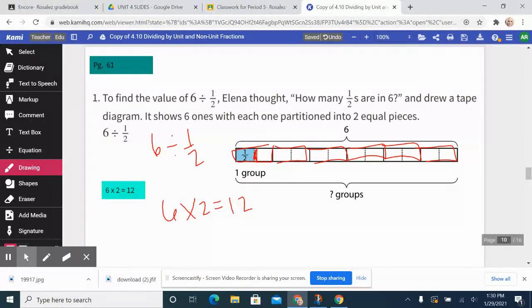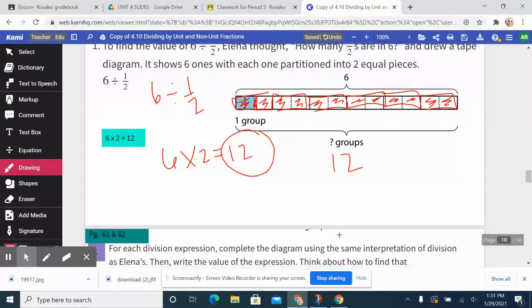And I get 12. And notice that if you take 6 groups and you split them in half, you get 1, 2, 3, 4, 5, 6, 7, 8, 9, 10, 11, 12 groups, which was my answer there. Okay, so there was nothing really to write. I was just showing you on that one.